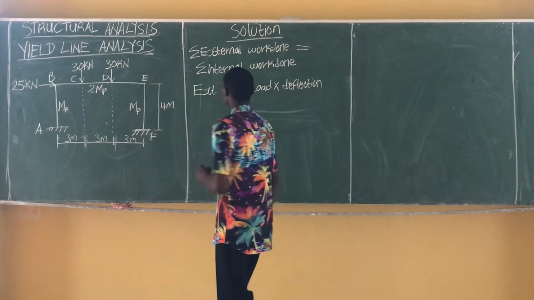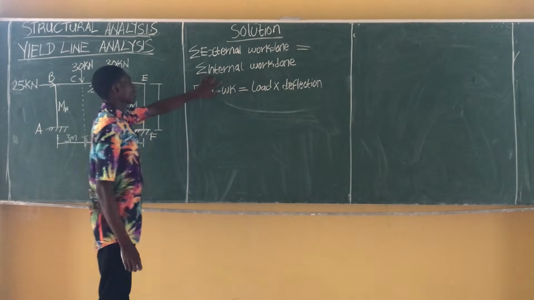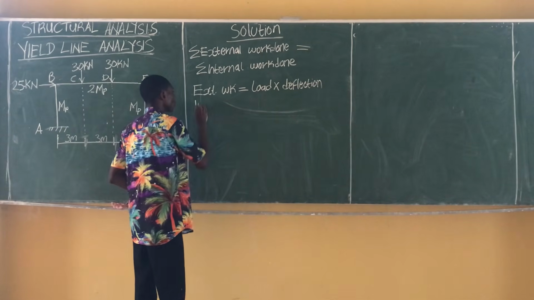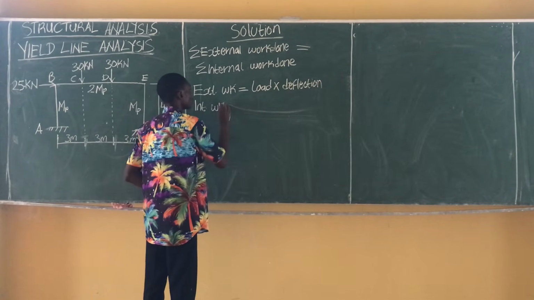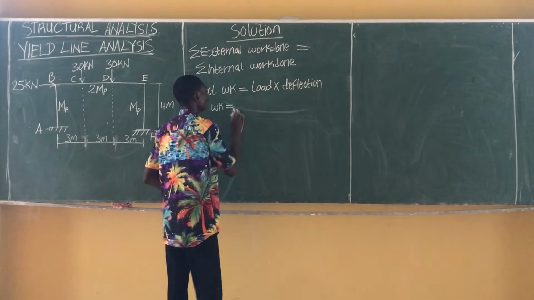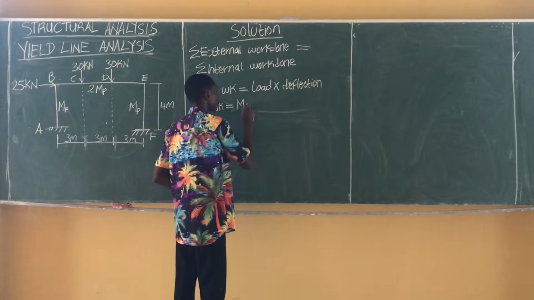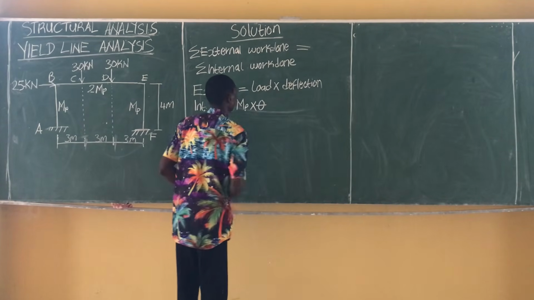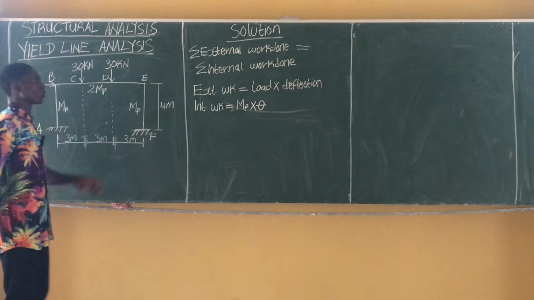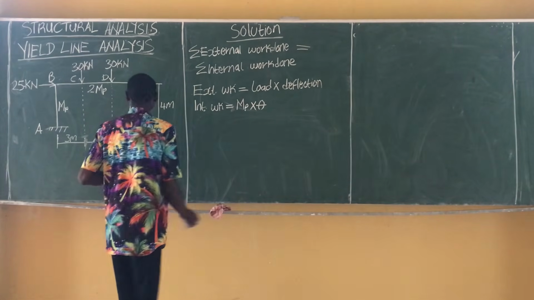Okay? How do we determine our internal work done? Internal work done is simply equal to our plastic moment MP times our slope or rotation theta. Now this is what we should know.